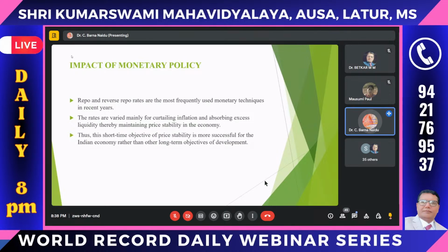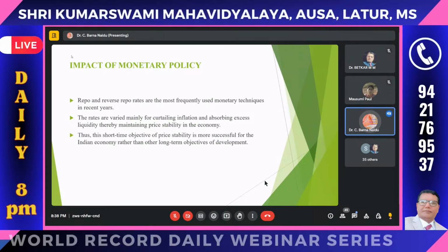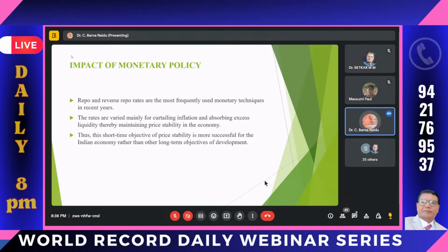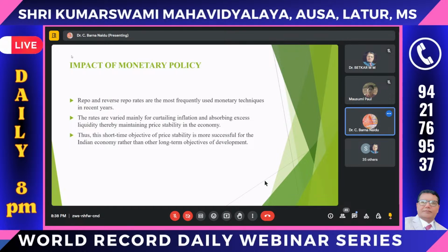So thus we can say that the short-term objective of price stability is more successful for the Indian economy than the long-term objective of development. Monetary policy has played a very important role in these few years in the development and stability of the economy.